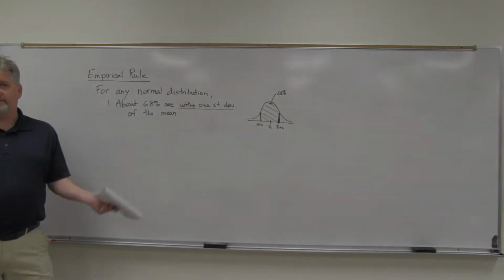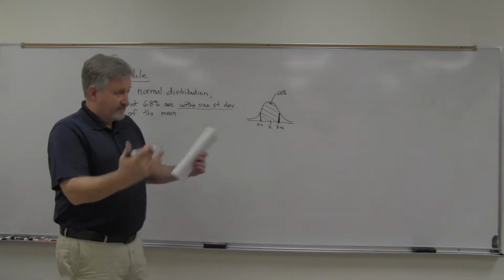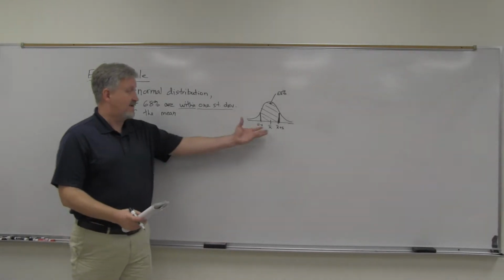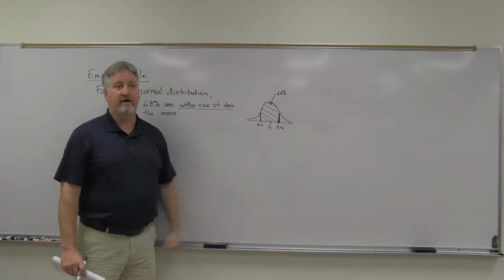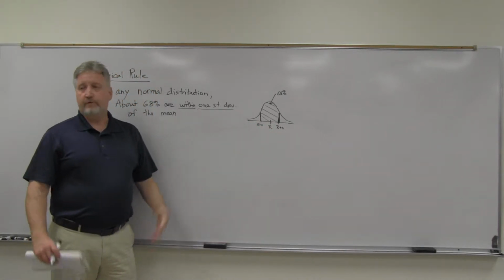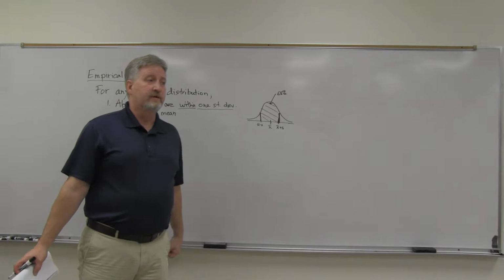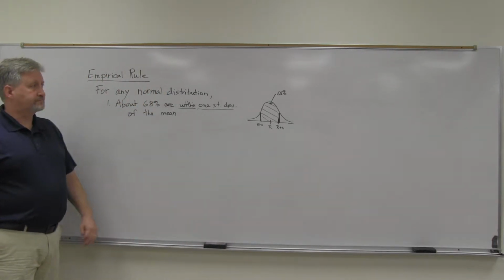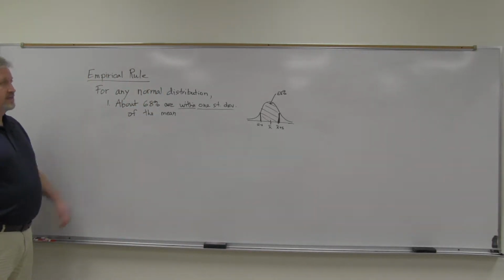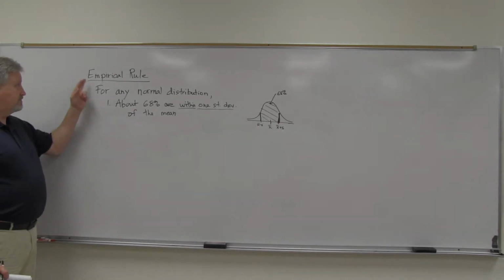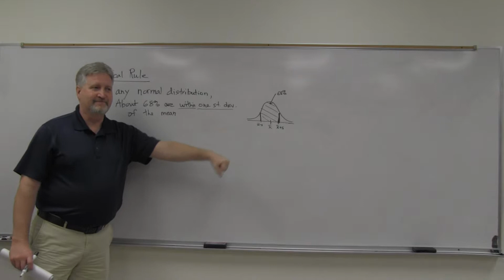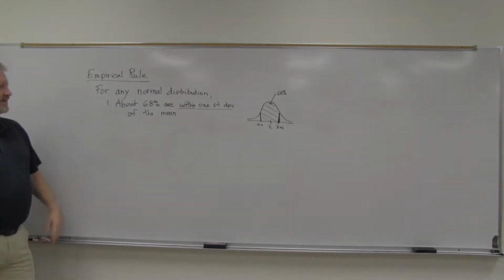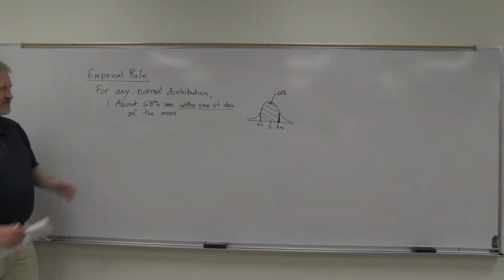And that again goes to the fact, most of them are in the middle, right? That's over half of the values within that range. Again, by the empirical rule, we can say that's 68%. Let me go ahead and give you the other percentages and we'll talk about some other things, all right?